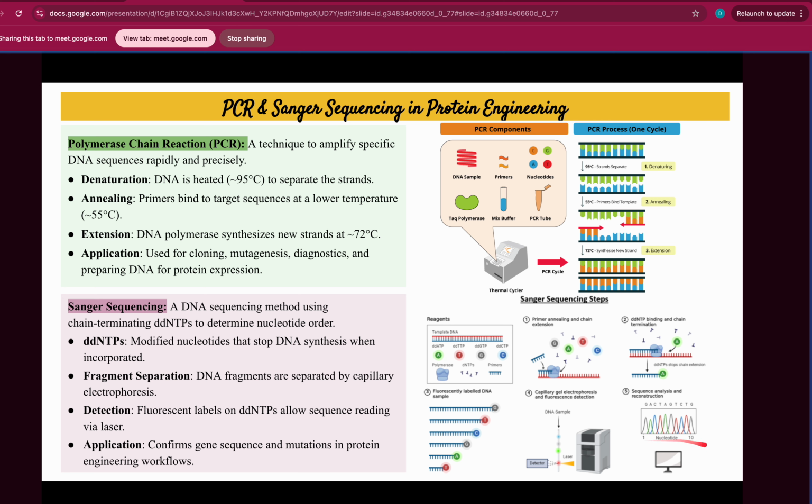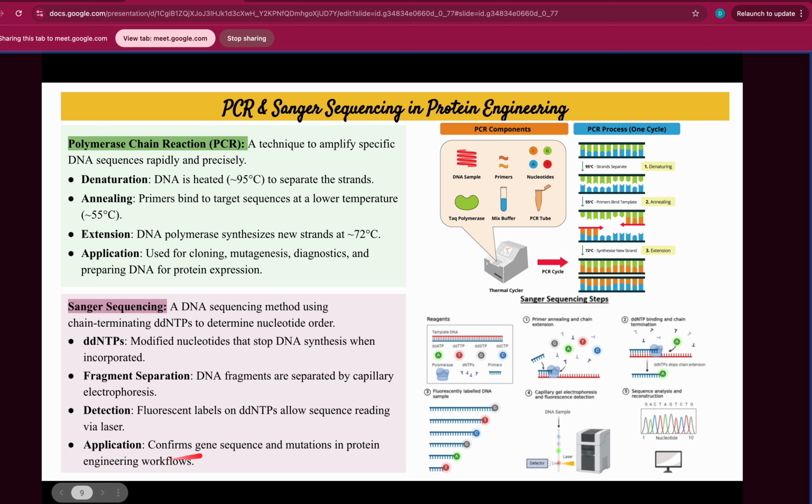In that way we will be able to sequence the query DNA, which is complementary to these peaks. I will not go into the detail of how the entire sequencing is done, but this is just to give you an overview of how we can use Sanger sequencing and what the purpose behind it is.